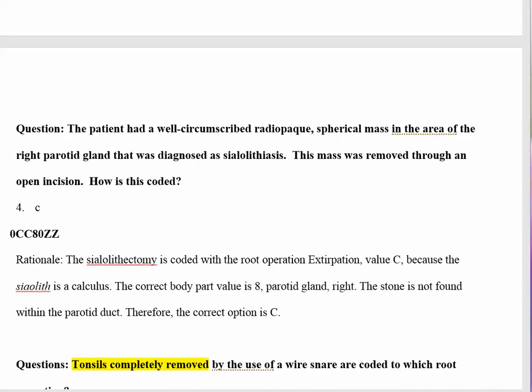We know it was done via an open incision based on what we were told, so the reflection of that is 0 for the approach character value. No device was left in the patient, no qualifier, ZZ, so we end up with 0CC80ZZ, which happens to be option C of the 4 that you were given in the textbook.